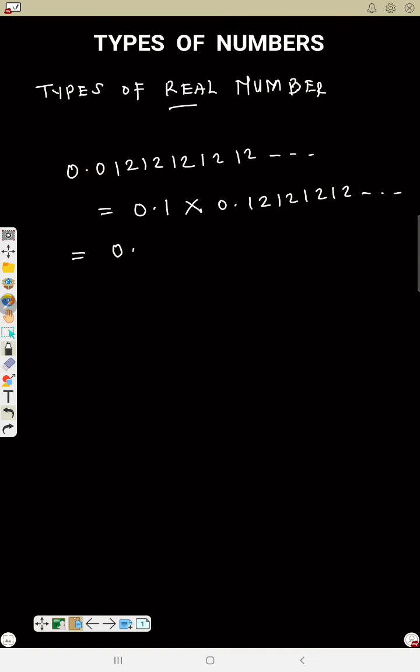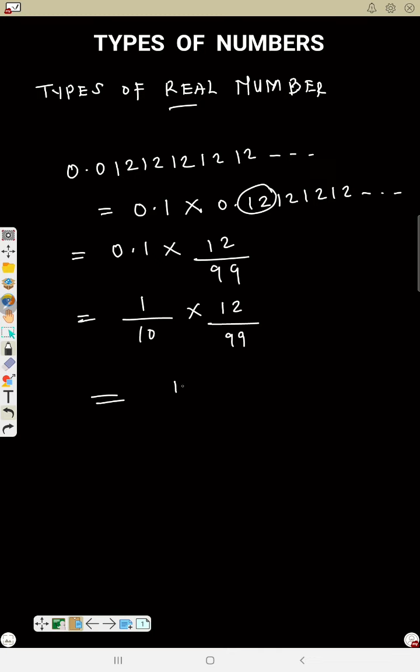Now this is the same thing as 0.1 times 12 divided by 99. How? We are repeating 12, so that will be 12 over 99, like that. So that is how you can change. And this one is the same thing as 1 over 10 times 12 over 99, which is the same thing as 12 over 990.